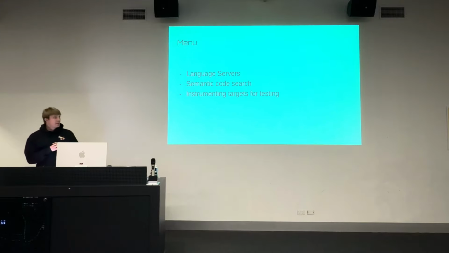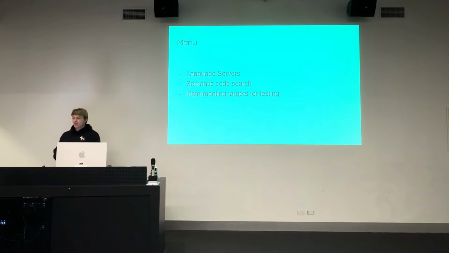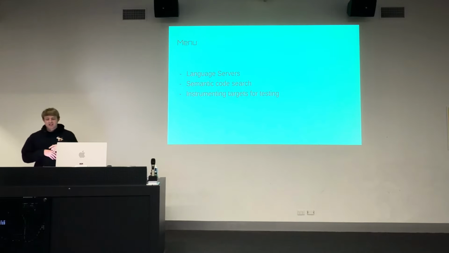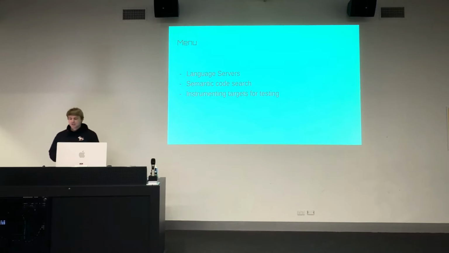Okay. So the main through line of this talk is, if we have access to the source code of a target, it's incumbent upon us to leverage that access to the greatest extent possible. There are probably infinite ways that you can do this. And I'm really hoping to hear from people later over the beers about their own tips and tricks, because I feel like everybody does this in different ways.